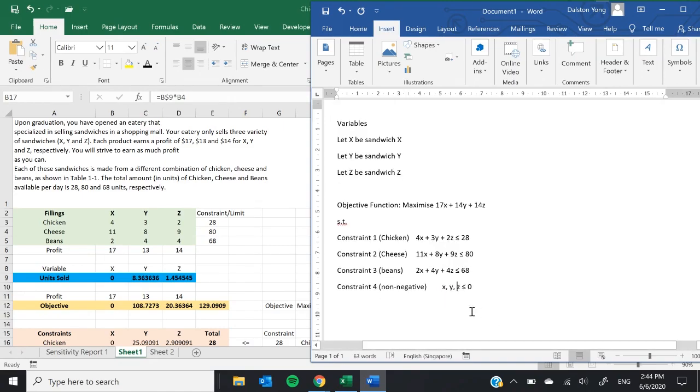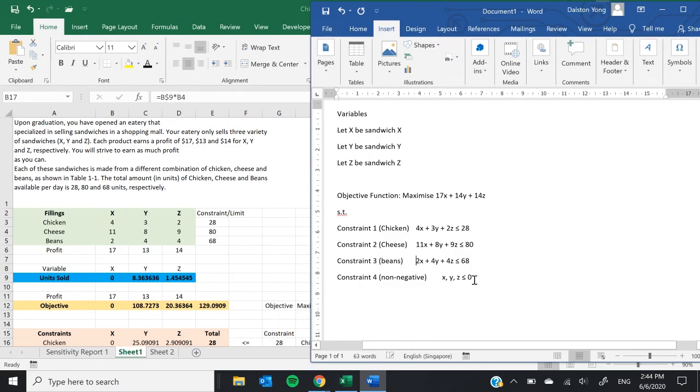You know that right here we use a comma instead. We don't use plus, because plus would mean something very different. So it's actually x comma y comma z must be equal or greater to 0.